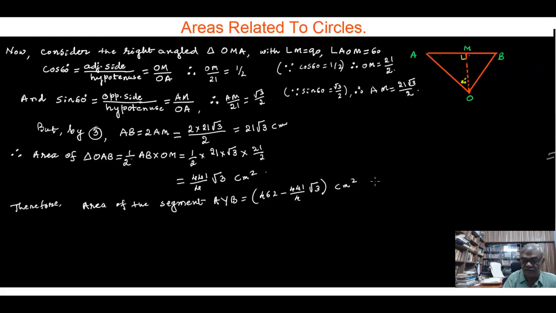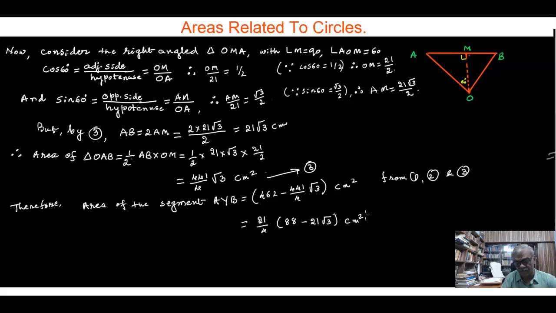This is from 1, 2, and let me call this 3. Therefore this is equal to 21 by 4 into 88 minus 21 root 3 square centimeter.